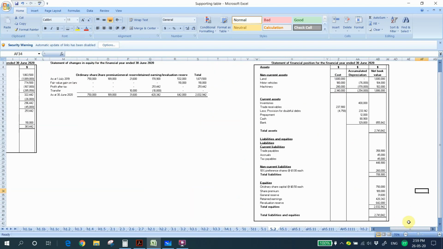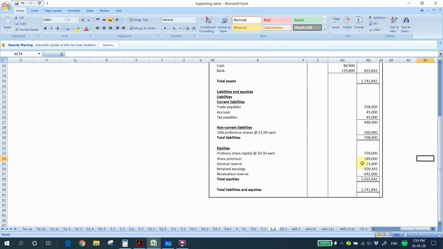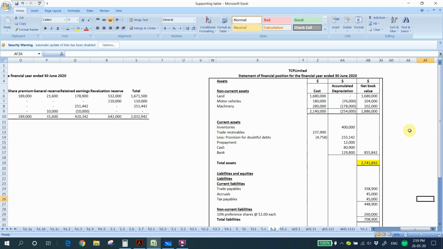So this is the final answer. You can have a look. This amount is tally with this amount. And that's all for your classroom exercise 5.2.